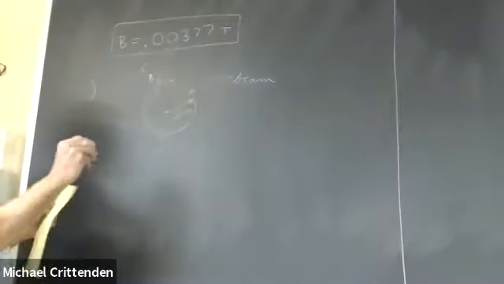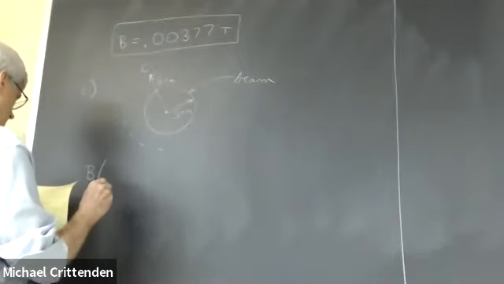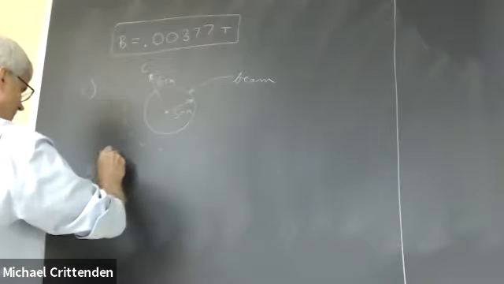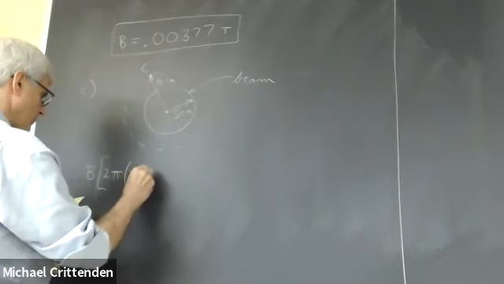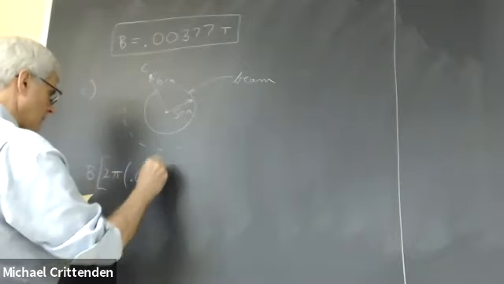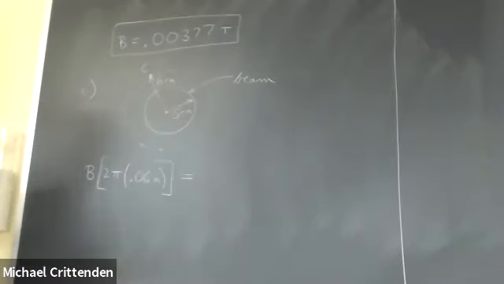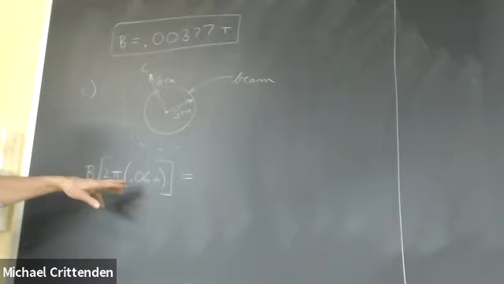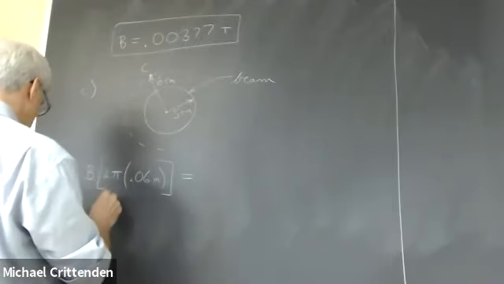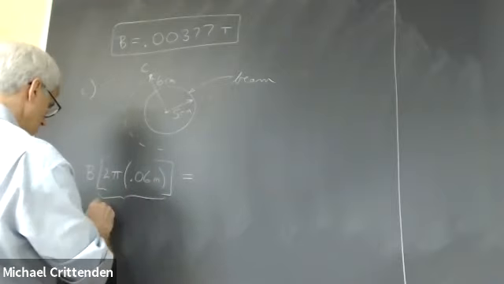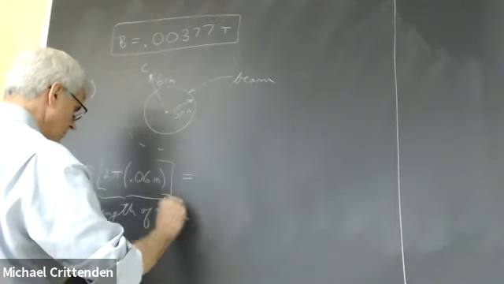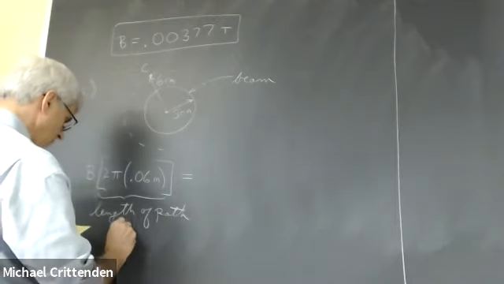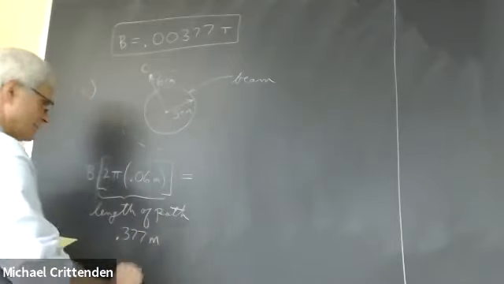Once again, B times the length of the path. Probably ought to use brackets. Once again, the length of the path is 2 pi r. Probably ought to label that. That comes out 0.377 of a meter.